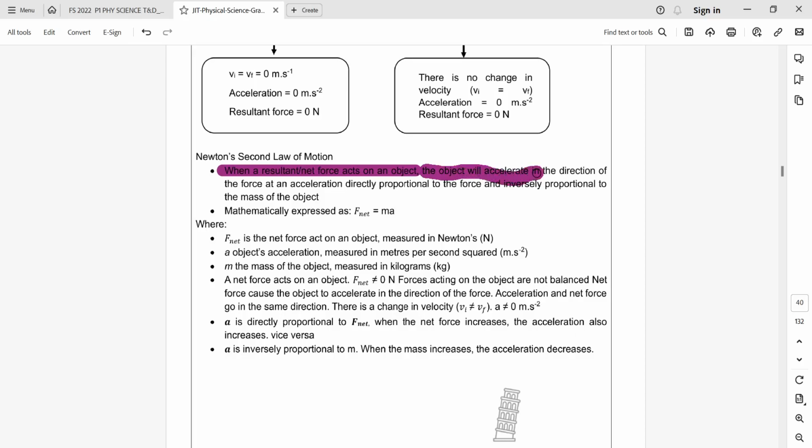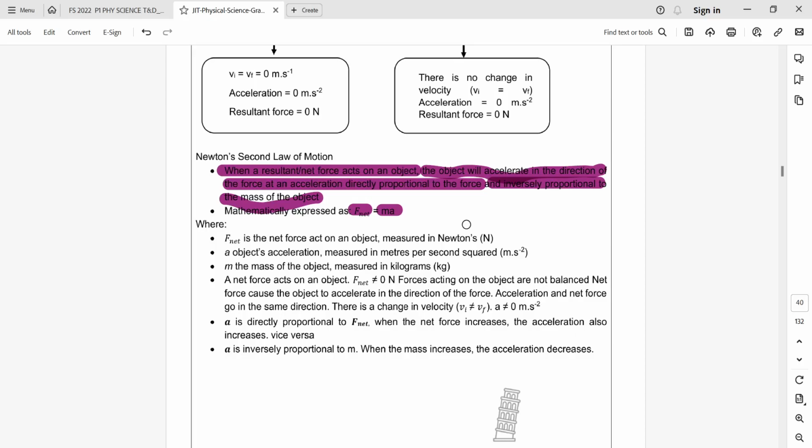In other words, the object will move in the direction of the force, at an acceleration directly proportional to the force and inversely proportional to the mass of the object. So what do they mean? Mathematically, F net, the resultant force, is equal to ma, or m multiplied by a. That's what they mean in simple terms.